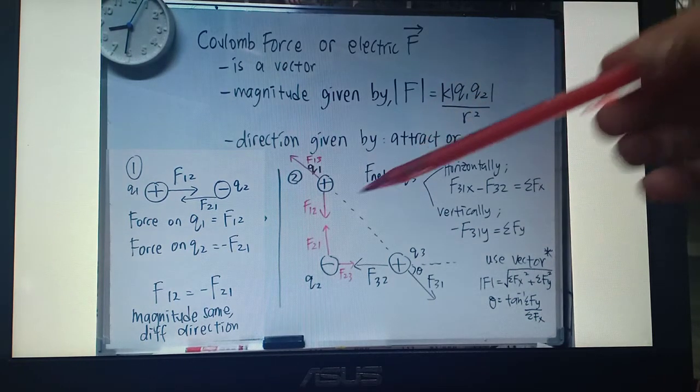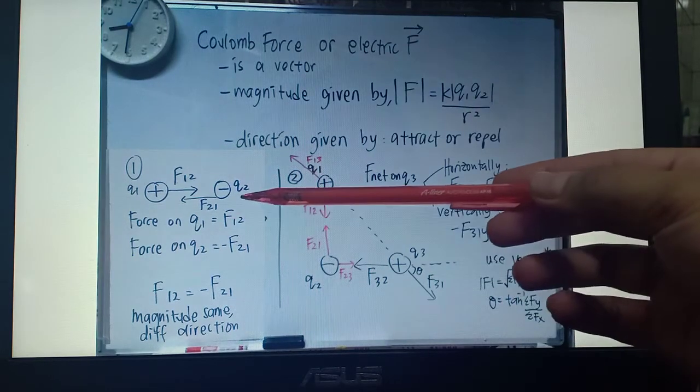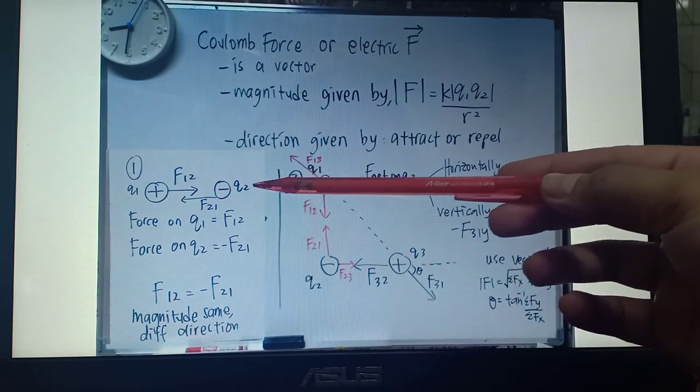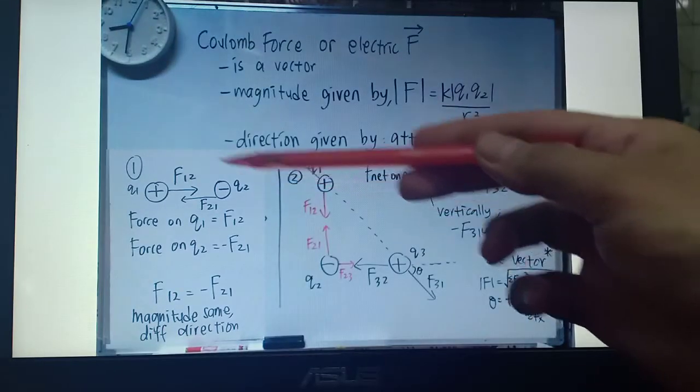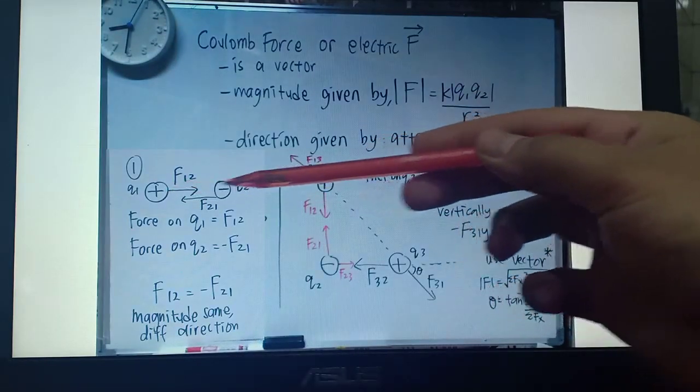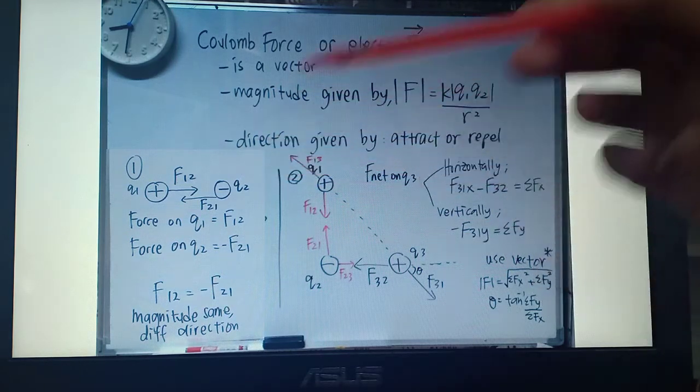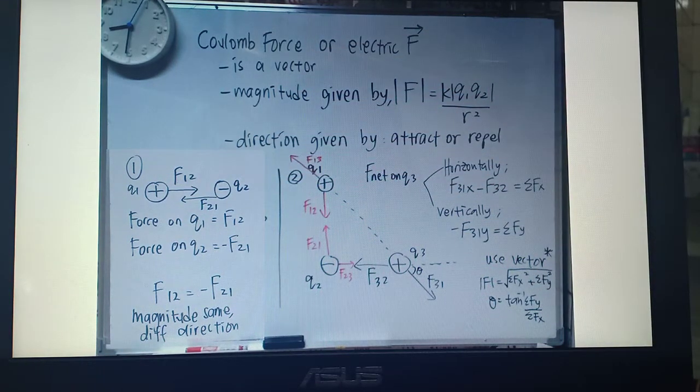I give you two examples here. For the first one, say you have two charges, Q1 and Q2. Q1 is positive, Q2 is negative. The question normally asks you for the force on one of the charges.